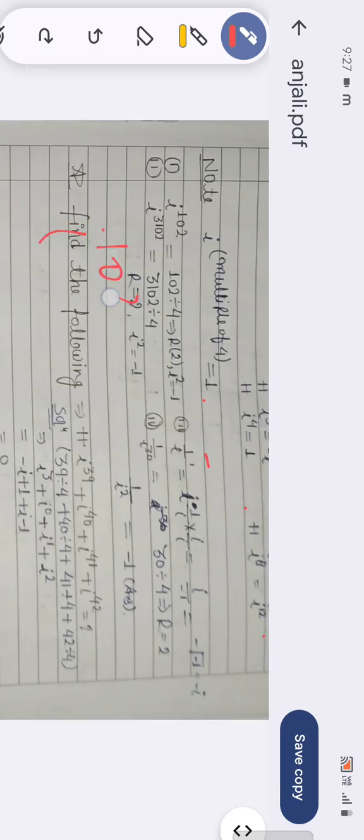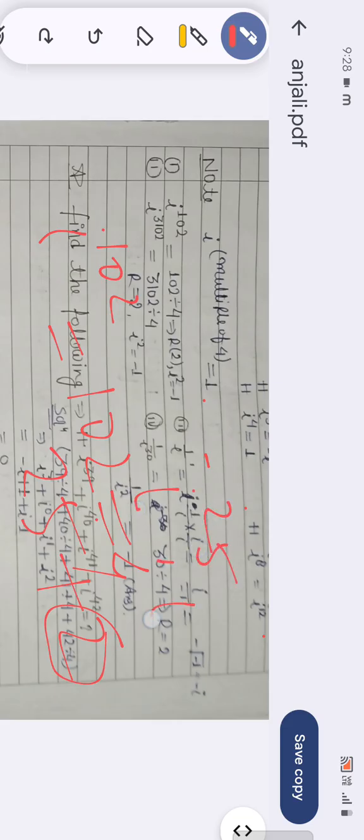If we divide 102 by 4, it gives 25 plus 2, where 2 will be the remainder. So iota to the power 102 is iota to the power 100 into iota to the power 2.